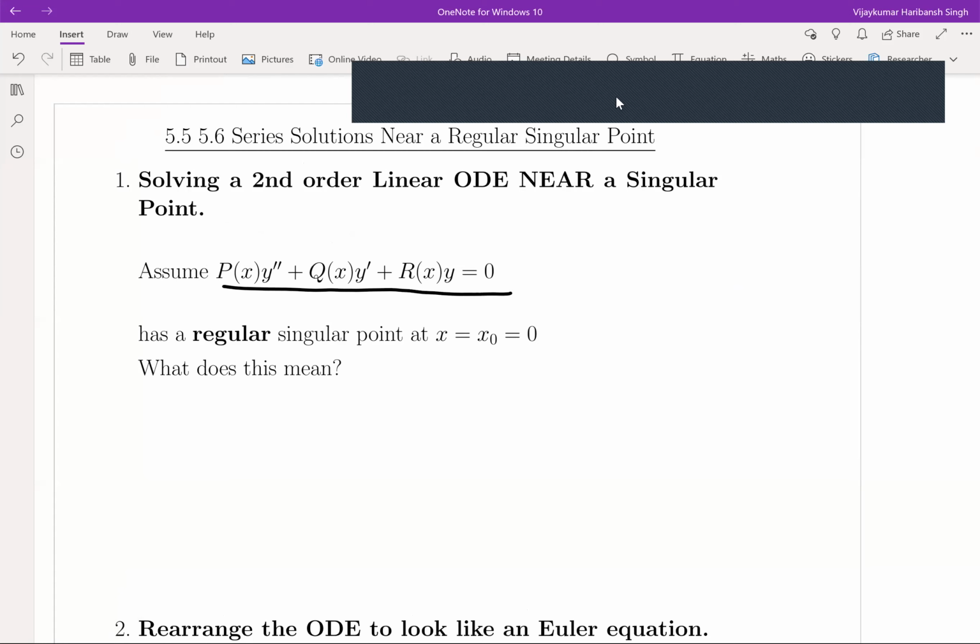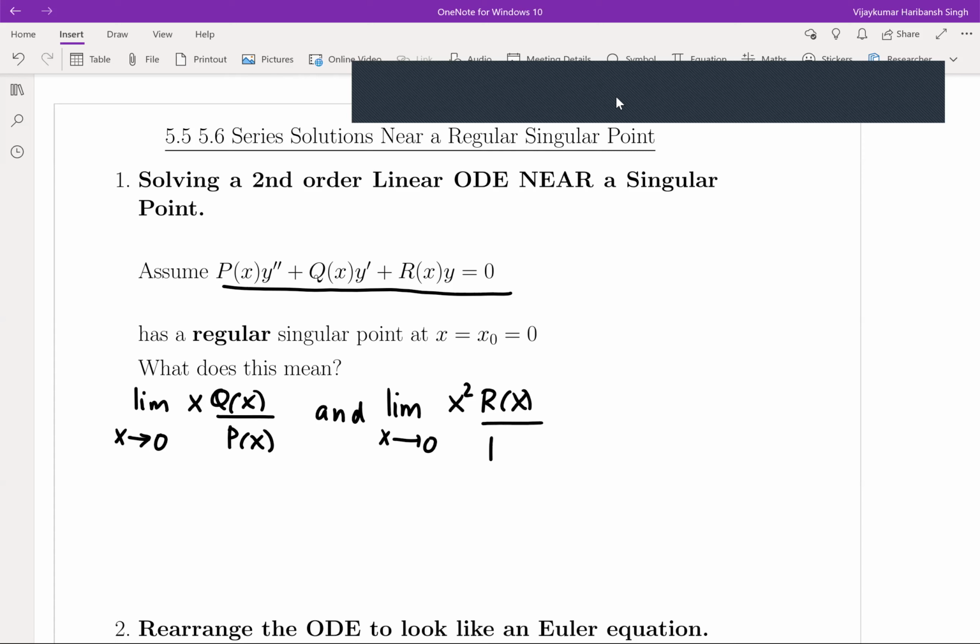It has a regular point at x equals x0 if the limit as x goes to 0 of x times Q(x) divided by P(x), and the limit as x goes to 0 of x squared R(x) over P(x), are finite.